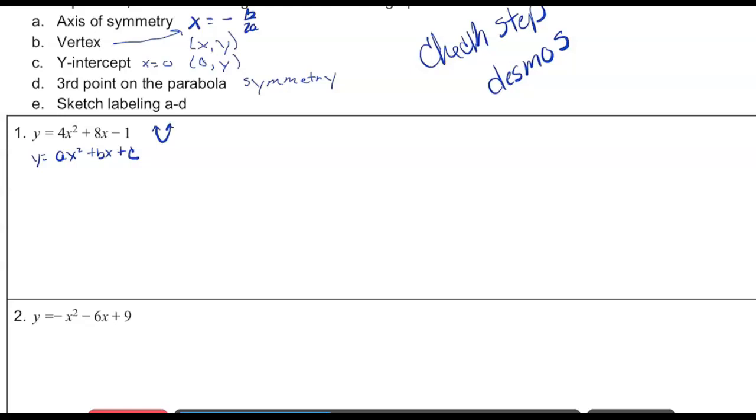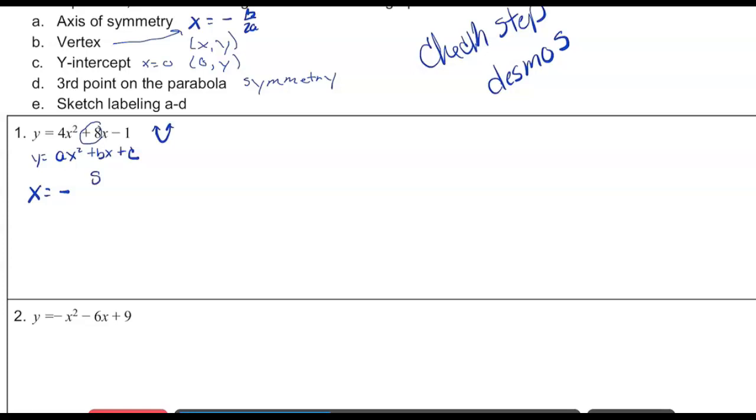And I'm going to start with the axis of symmetry. That's the first bit of information that we need to get this sketch going. So the axis of symmetry has that formula, x equals negative b over 2a. So if I set this up, I have x equals negative out front. What is my b? My b is 8. And make sure you look here. It's a positive 8.